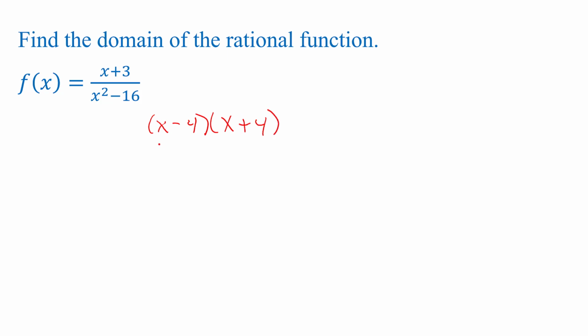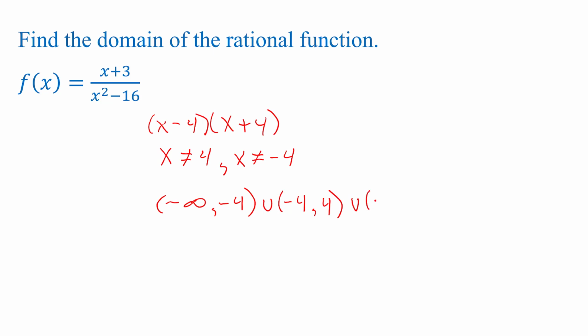Here we need to make sure that x is not equal to 4 and that x is not equal to negative 4. Our domain would include all other x values, so we have negative infinity to negative 4, union negative 4 to 4, union 4 to infinity.